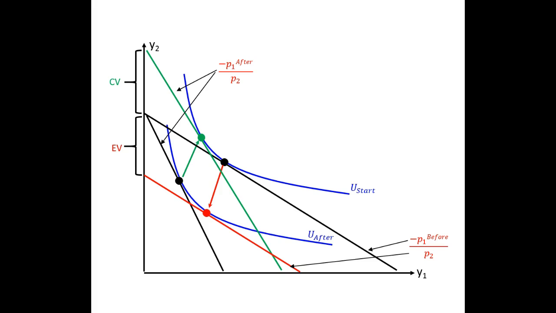And in that case, the CV is equal to the consumer surplus and equal to the equivalent variation. In all the other cases, we will have a slightly different number. So this compensating variation will be a little bit larger than the consumer surplus, which will be a little larger than the equivalent variation. But it's a good approximation.